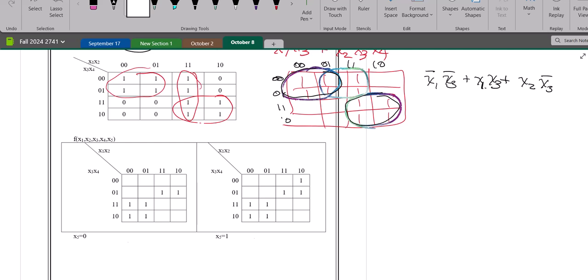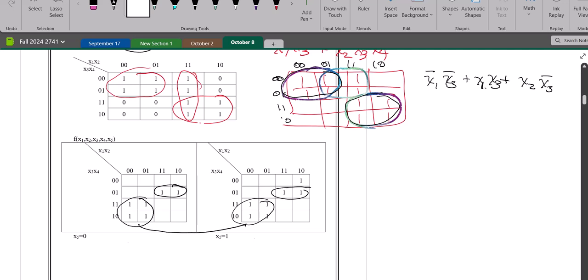On this particular one, this group and this group, if they were stacked on top of each other, would be connected. This group and this group, if stacked, would be connected. And then I have one all by itself.